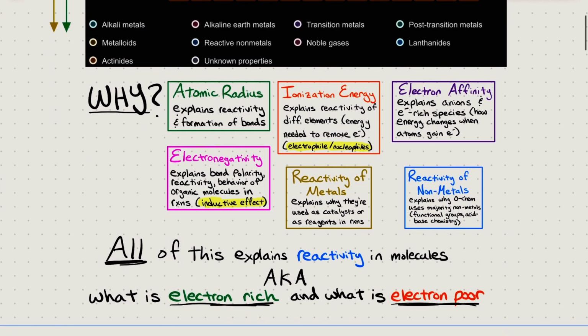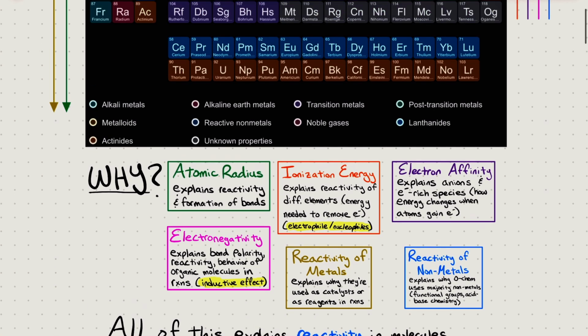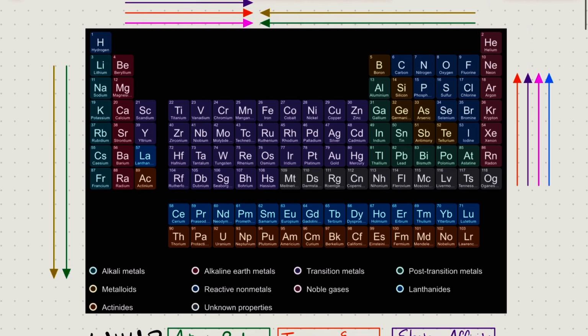Well, essentially in organic chemistry, you'll be going over a mix of how all of these merge together and how these organic elements, in particular the ones here, I'll highlight it here in red, in the reactive nonmetals, aka the organic nonmetals.